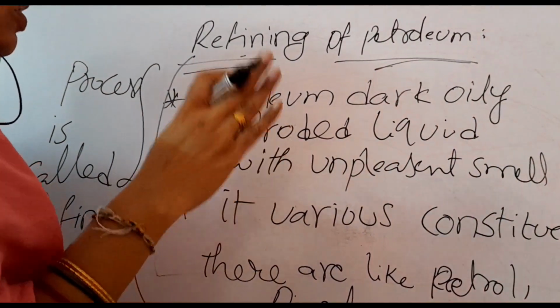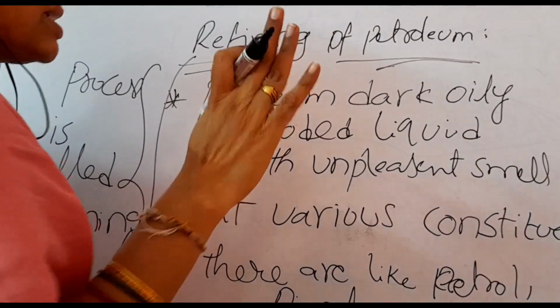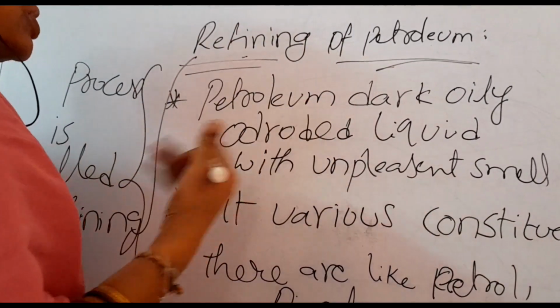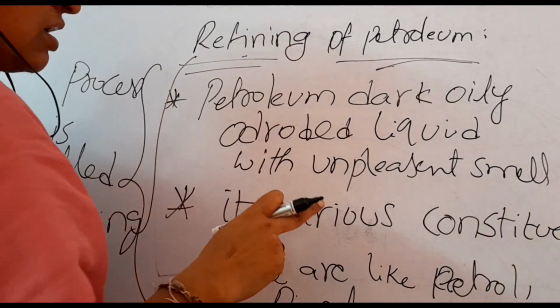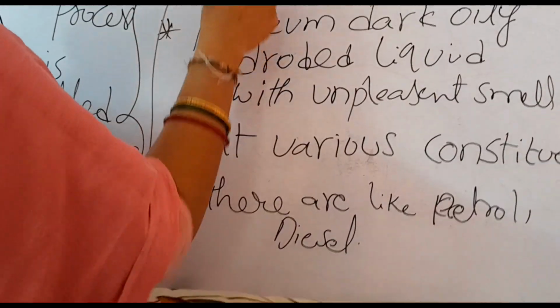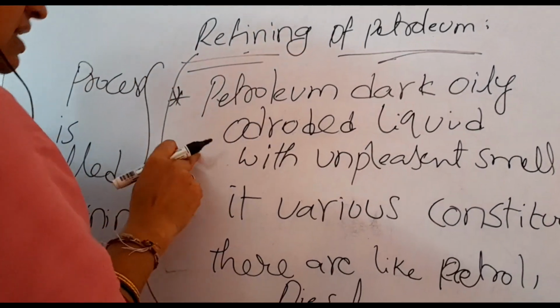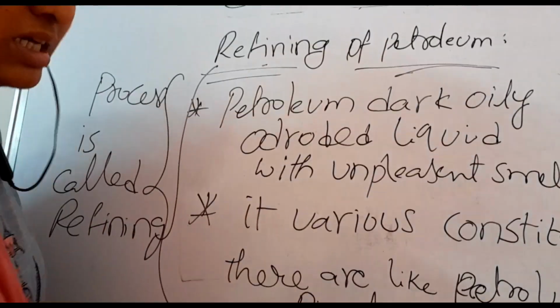Petroleum is a dark, oily, odored liquid with an unpleasant smell. It has various constituents like petrol and diesel, and this process is called the refinery of petroleum.